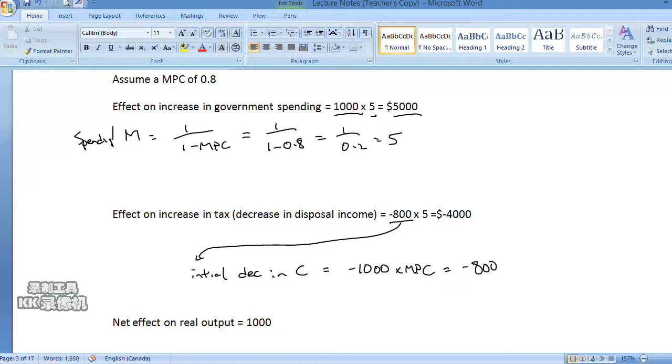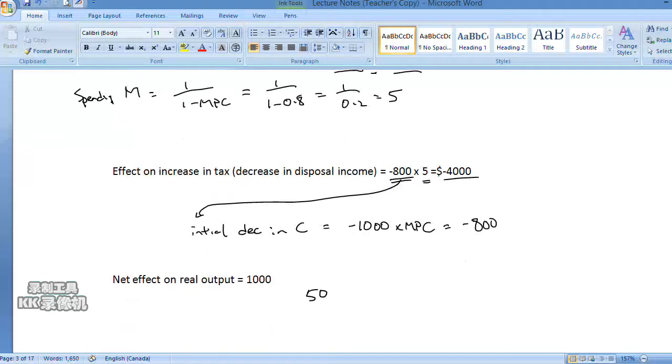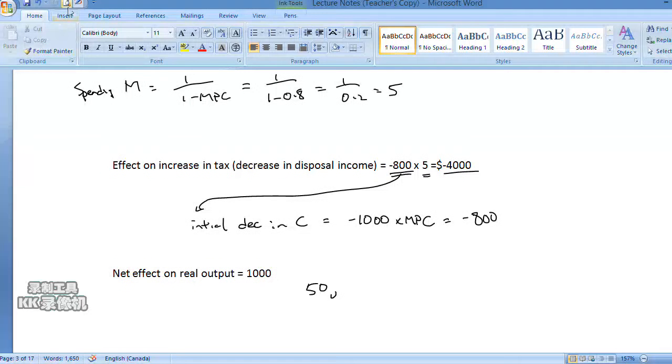So this is how we get this negative 800. And then we just times the multiplier to get a total overall effect of negative $4,000 decrease in real GDP. So the net effect will be 5,000 minus 4,000 when the government uses a balanced budget approach.